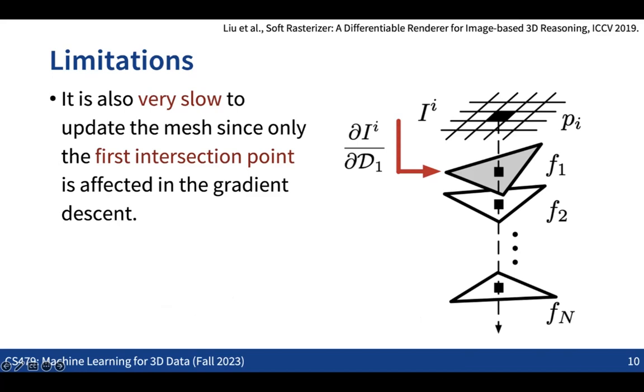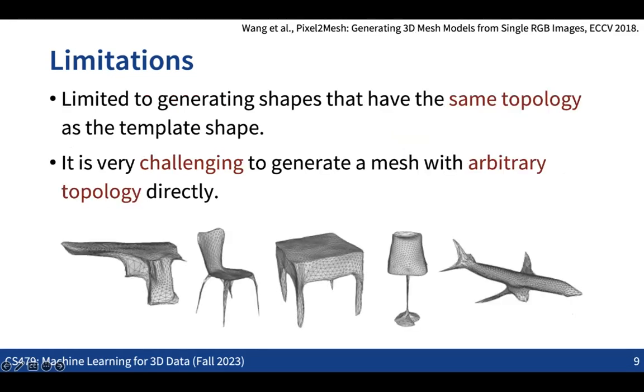For every pixel, we shoot a ray into the 3D space and see the first intersection point with the 3D shape, and that is the point that gives us information for each pixel. So we are only able to update the visible area of the 3D shape from each image. That might be quite slow for making changes to the 3D shape. So there are limitations in getting a 3D mesh as the final output, as we discussed in the first few lectures.